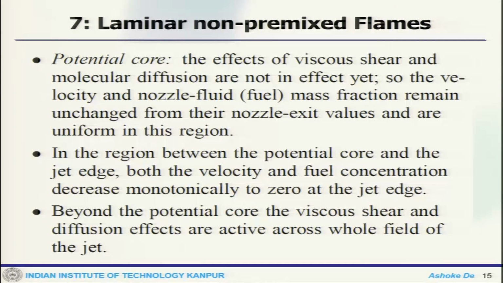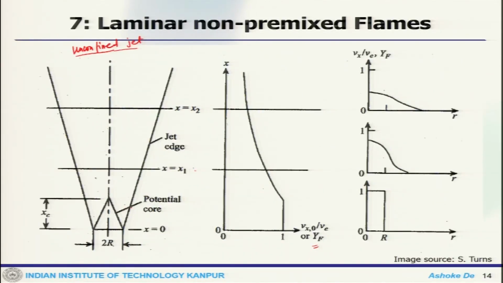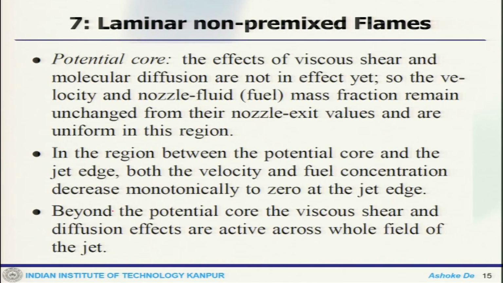Now, the potential core, what does that mean physically? Potential core means that the effects of viscous shear and molecular diffusion are not in effect yet. So, the velocity and nozzle fluid mass fraction remain unchanged from their nozzle exit values and are uniform in this region. This is how one can define the potential core.